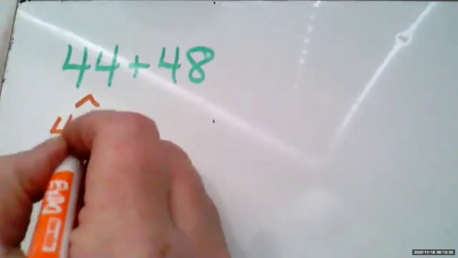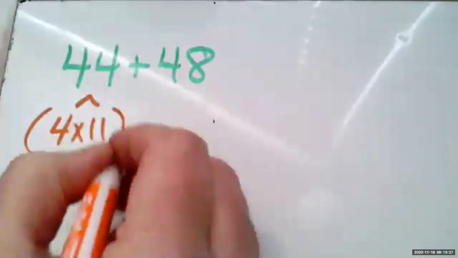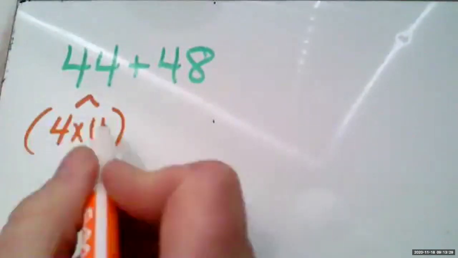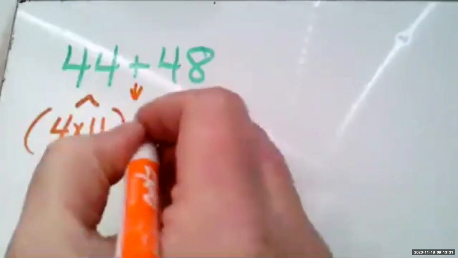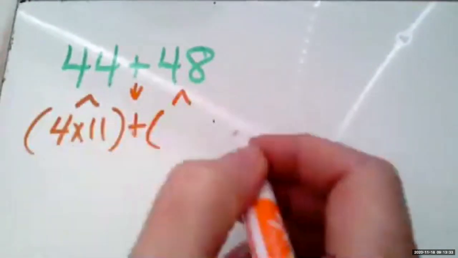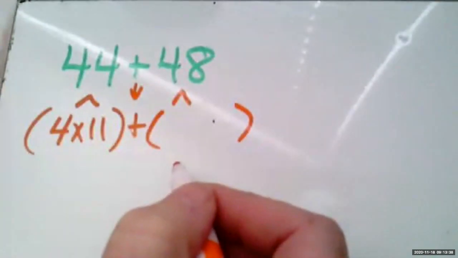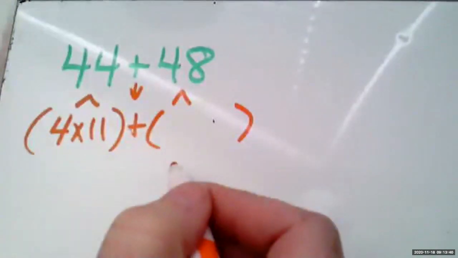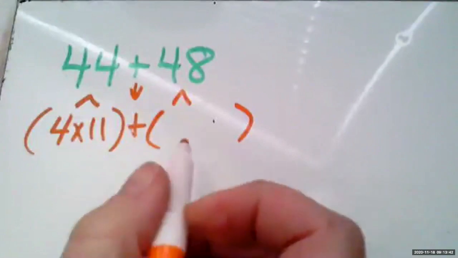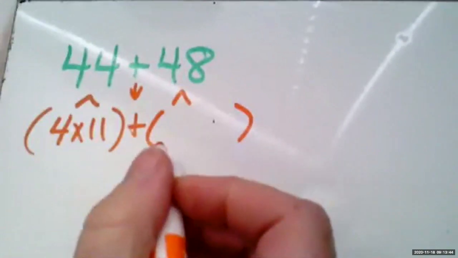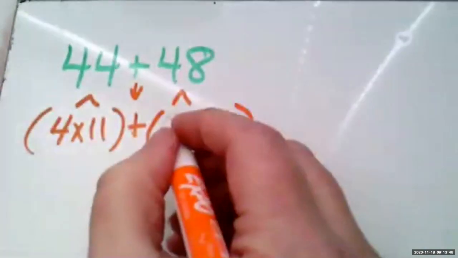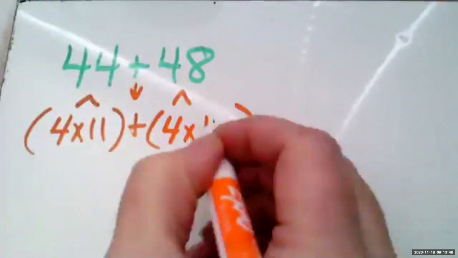44 is 4 times 11, or 2 times 2 times 11, plus 48. What times what equals 48? Isabella, that is one answer, but you didn't take out the greatest common factor. There you go.